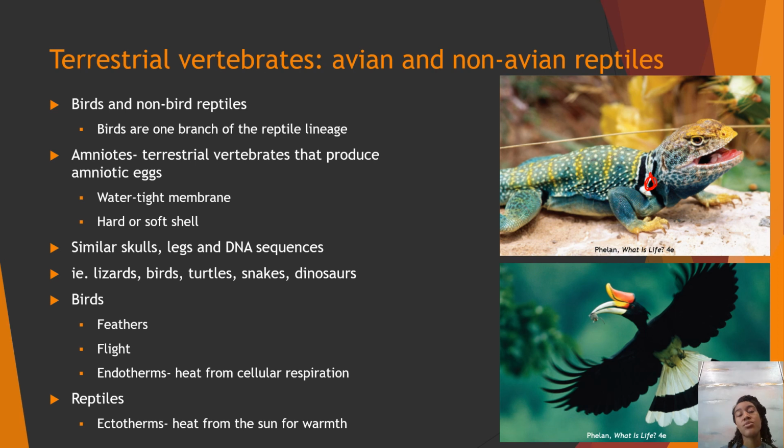In order for them to increase or decrease their body temperature, they must spend time in the sun or out of the sun. If they're cold, they must go into the sun, and if they get too hot, they must go into the shade. So endotherms, birds; ectotherms, reptiles.